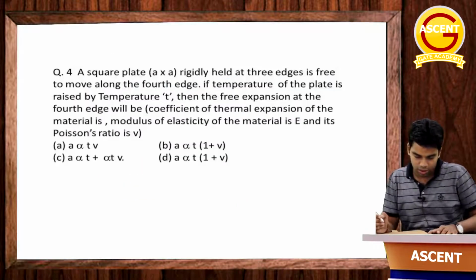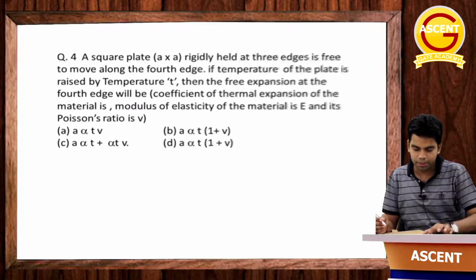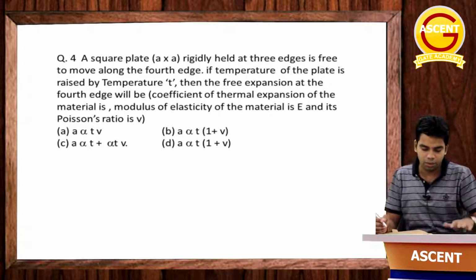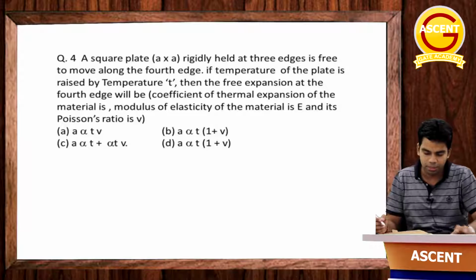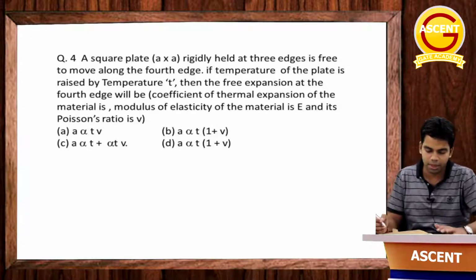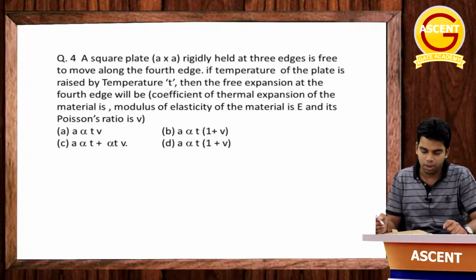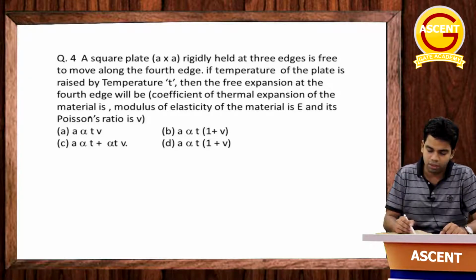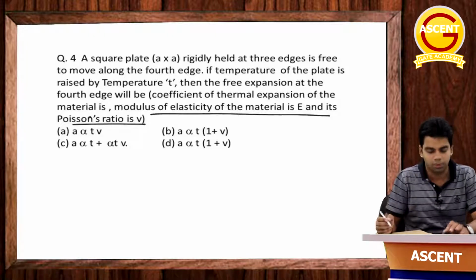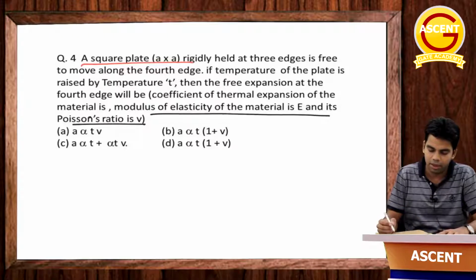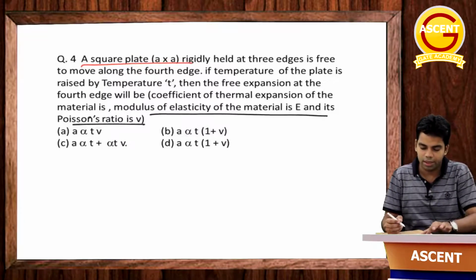Okay, next question. A square plate A cross A rigidly held at 3 edges is free to move along the 4th edge. If the temperature of the plate is raised by temperature T, then the free expansion at the 4th edge would be? Coefficient of thermal expansion is given as alpha, modulus of elasticity is given as E, and Poisson's ratio is given as mu. So we have a square plate of dimension A by A, which is rigidly held at 3 edges.